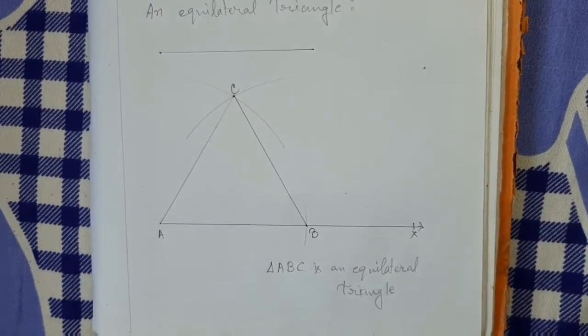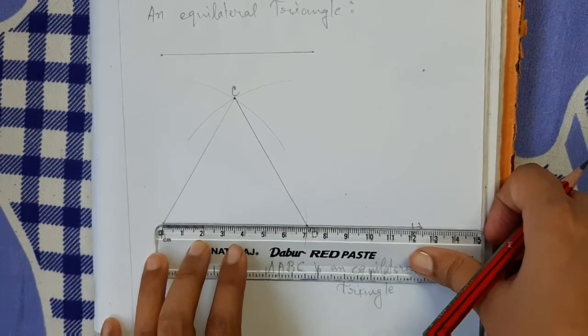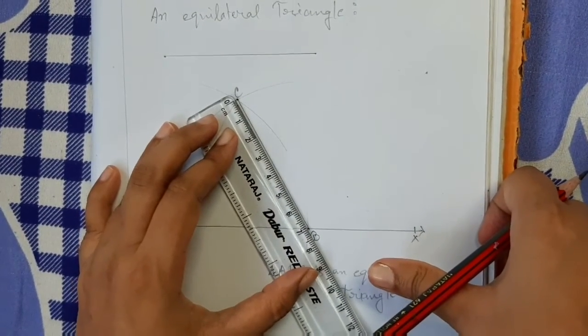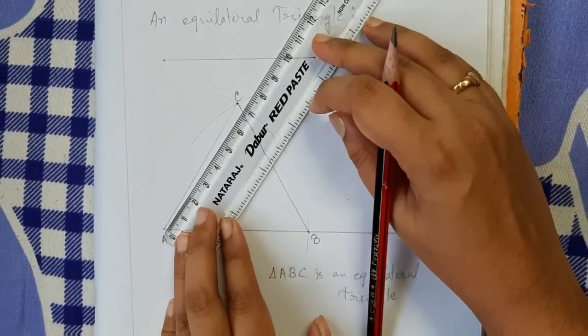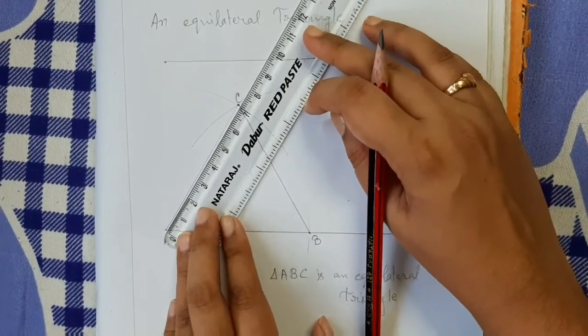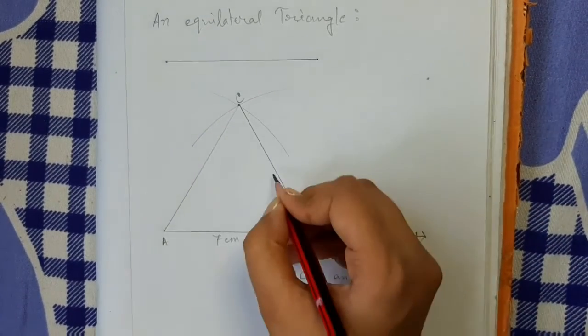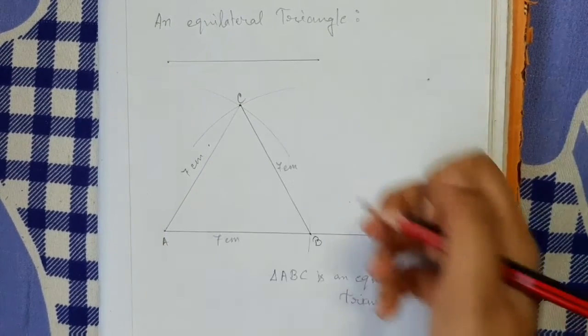Now you can verify the length, it is 7 cm or not. Look at here, this one is 7 cm, this one is also 7 cm, and this one is also 7 cm. So ABC is an equilateral triangle with side length 7 cm.